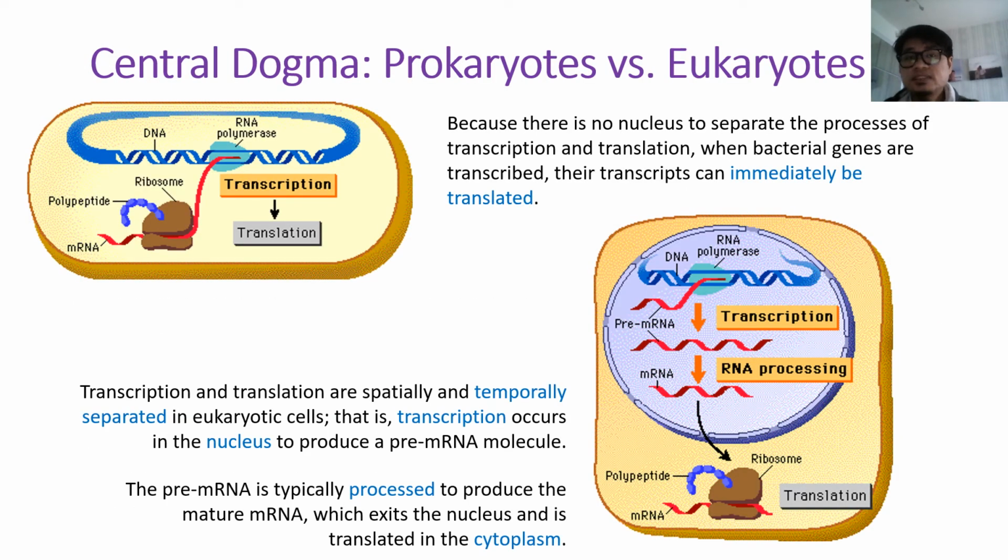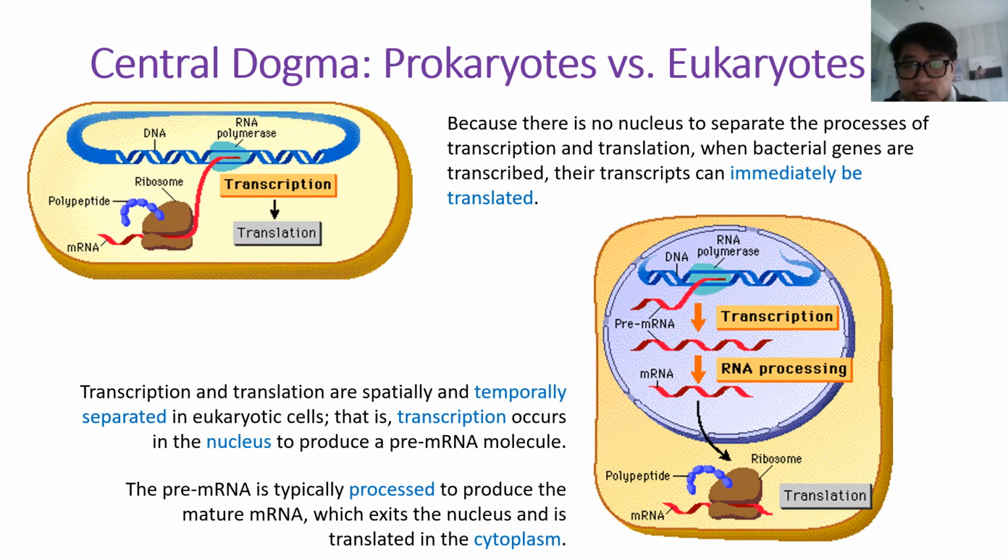All right, so this is the difference between the prokaryote and eukaryote processes of the central dogma. Central dogma in prokaryotes is very simple because there is no nucleus to separate the processes of transcription and translation. So bacteria will transcribe, and immediately after the transcription, the bacteria will translate the mRNA. But it is different in eukaryotes, because the eukaryote is quite a complex entity.